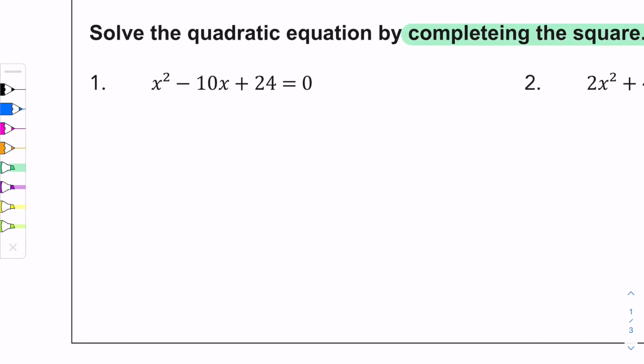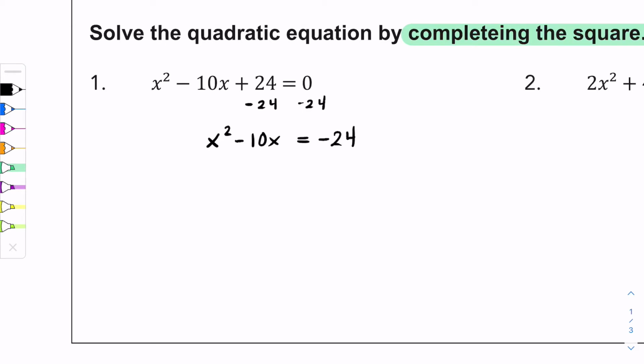For number 1, x squared minus 10x plus 24. We are going to subtract 24 from both sides. And we have x squared minus 10x is equal to negative 24.